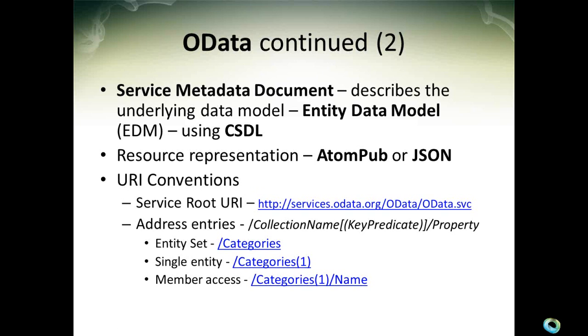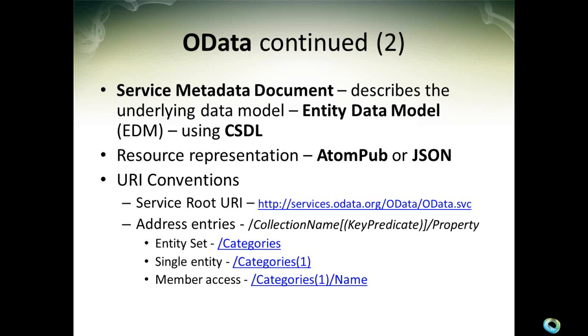So we can say Northwind.svc/ the collection name, or the entity's name, let's say categories, and this way we can read an entity set. So if we say Northwind.svc/categories, it will return all the categories that are found in the database.